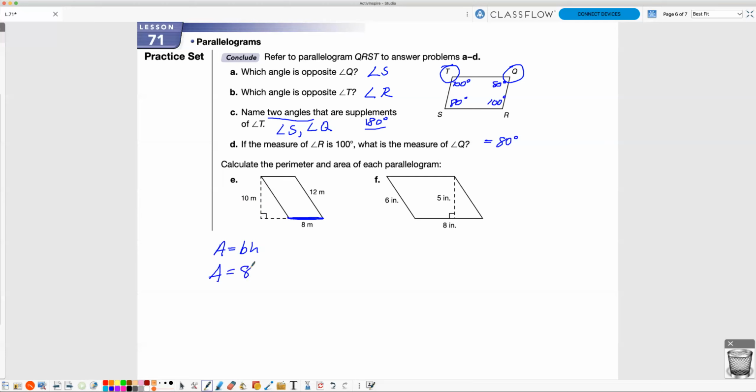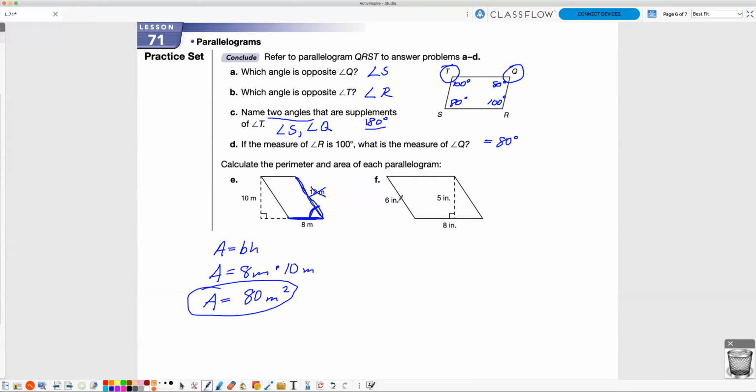The base is 8 meters, and I'm going to multiply that times the height of 10 meters. This is not the height. That's just the length all the way down here, and that's not perpendicular. So that cannot be used. And it isn't 12 with 10, it's 8 with 10, because you have to use the one that is perpendicular to it. So the area of this parallelogram would be 80 meters squared, or 80 square meters.